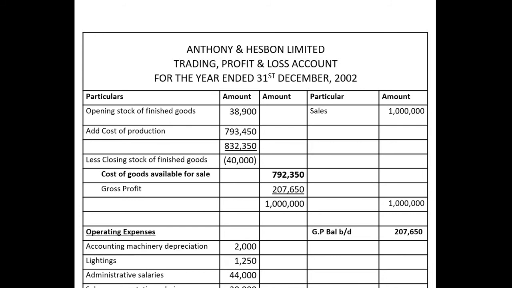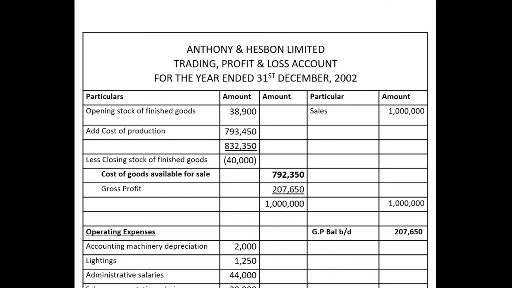We first start with the opening stock of finished goods. In this case, it amounted to 38,900. We add cost of production, which amounted to 793,450. We less closing stock of finished goods, which amounted to 40,000.